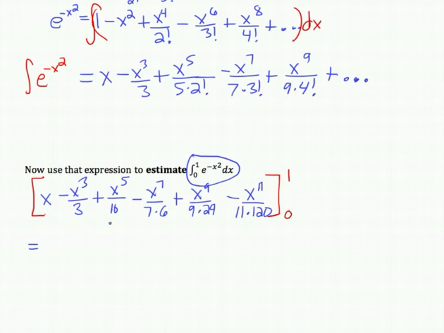So that's going to be, the zeros are going to totally go away, so we really just need to plug in the 1. So that's going to be 1 minus 1 cubed is 1. 1 to the 5th is 1. 1 to the 7th is 1. 1 to the 9th is 1. I now need my calculator. 9 times 24. I'm not going to bother you with the calculation here if you don't need it.